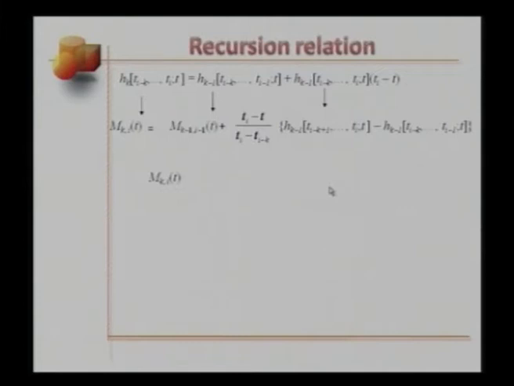So m_k,i(t) equals m_{k-1,i-1}(t) times (t - t_{i-k}) over (t_i - t_{i-k}), minus... now let's be careful here.